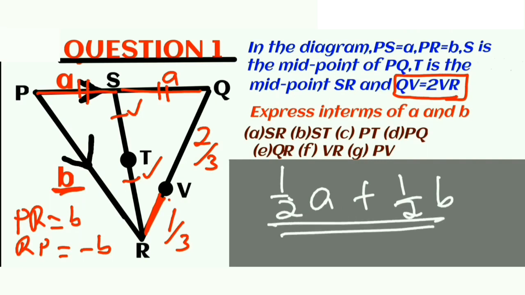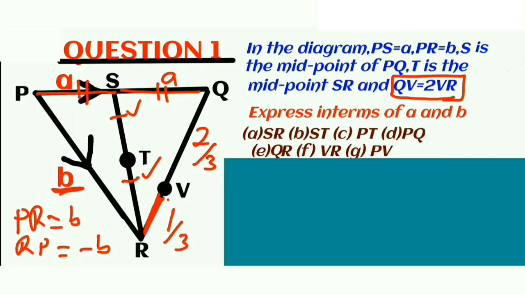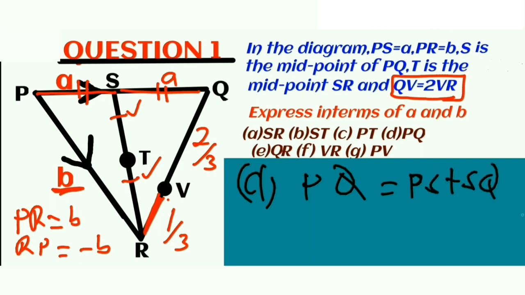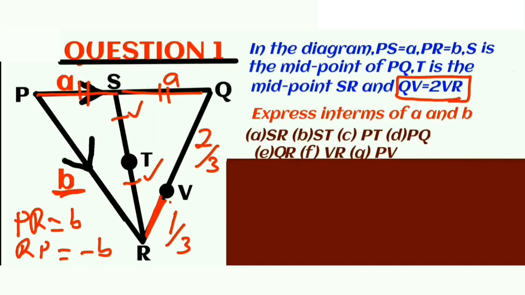Next question, question D. PQ equals PS plus SQ. So equals A plus A equals 2A. Next question, question E. QR.